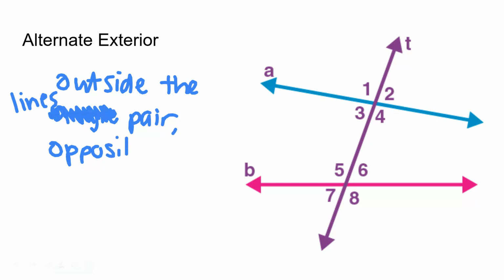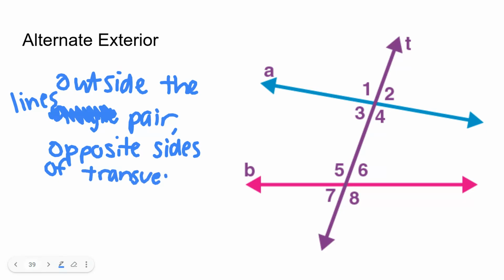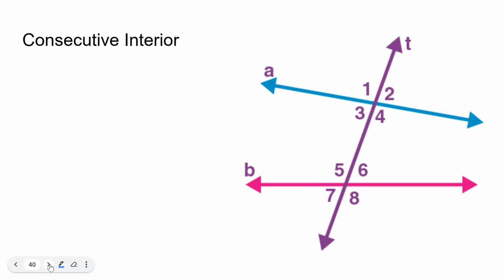That would be like 1 and 8. They're on opposite sides of that transversal, and they are on the outside of our line pair. They go across like a diagonal.